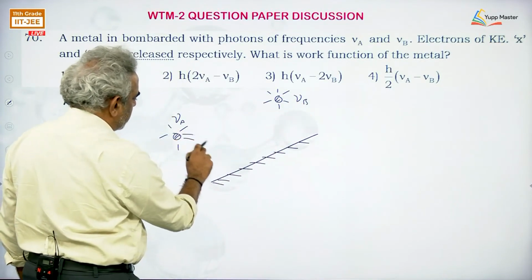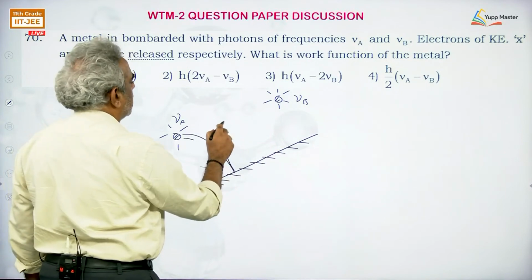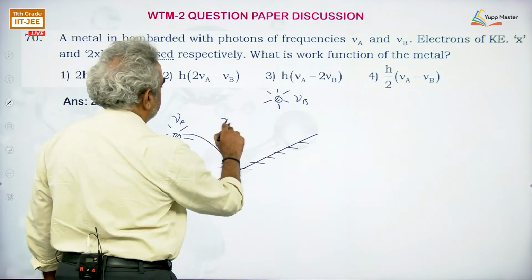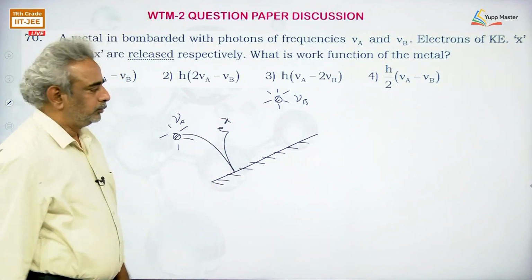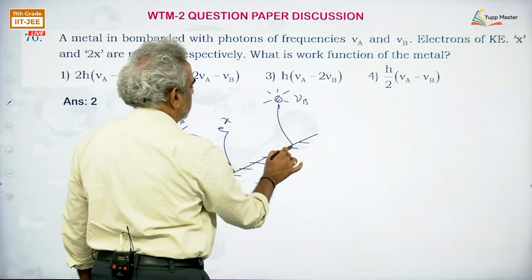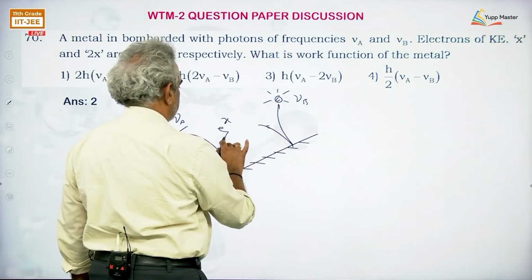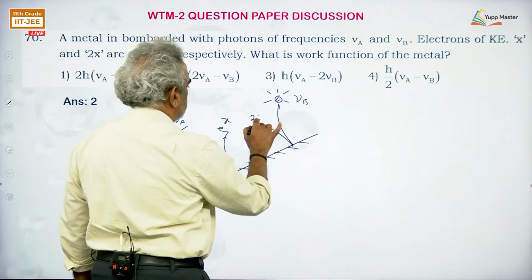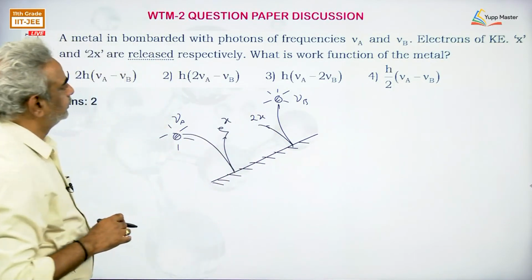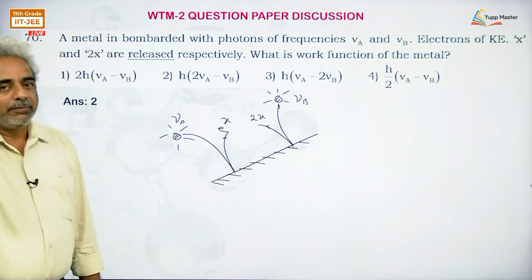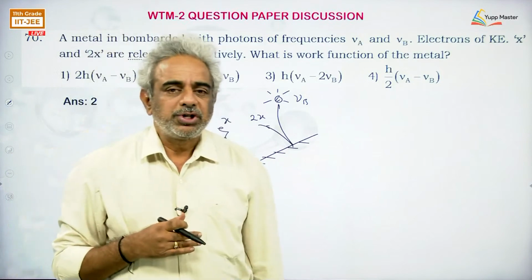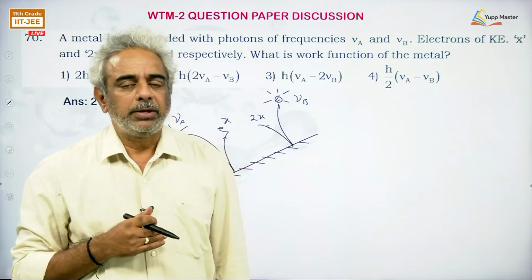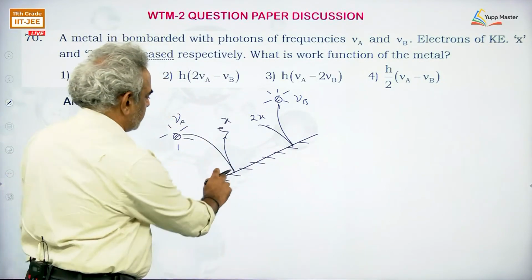When the first photon hits the metal, an electron is released with kinetic energy x. When the second photon hits, another electron is released with kinetic energy 2x. And he is asking the work function of the metal. What do you mean by work function? It is h nu naught, the energy absorbed here.